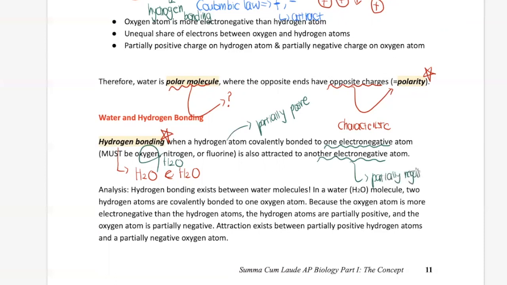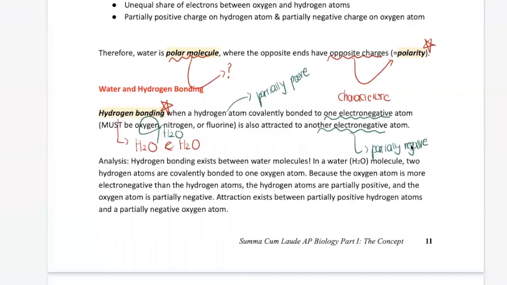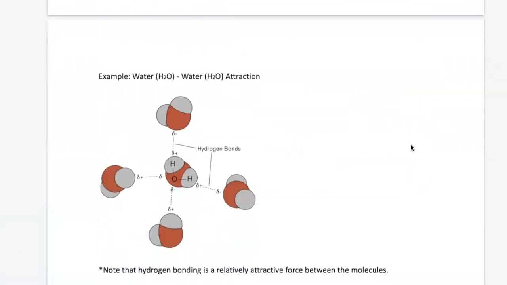Okay? So this characteristic makes the attraction between one H2O molecule and another H2O molecule, and this interaction is called hydrogen bonding. Okay? So the schematic representation, I believe, illustrates this well.